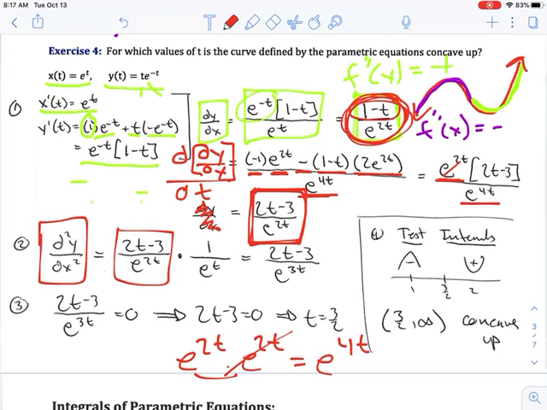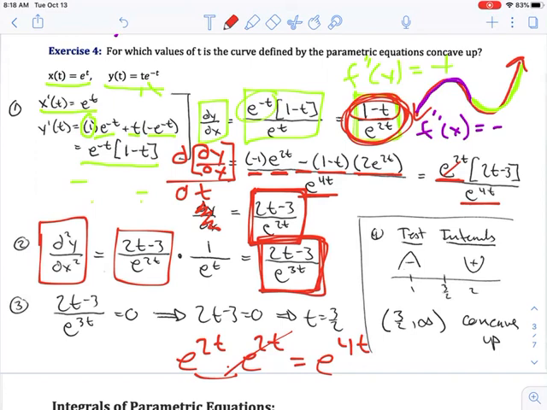I don't have room to write the actual formula in here, but we're using the formula that we looked at up above. And so we take the derivative here. This then becomes the second derivative of y with respect to x. That's what we're looking for.